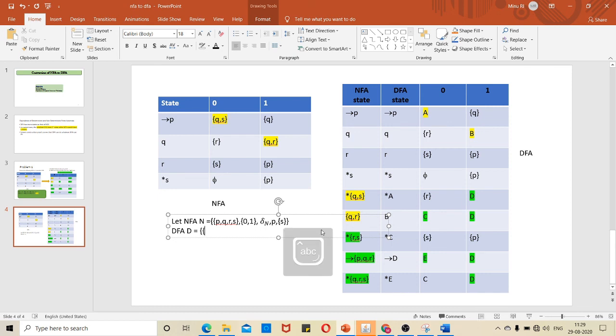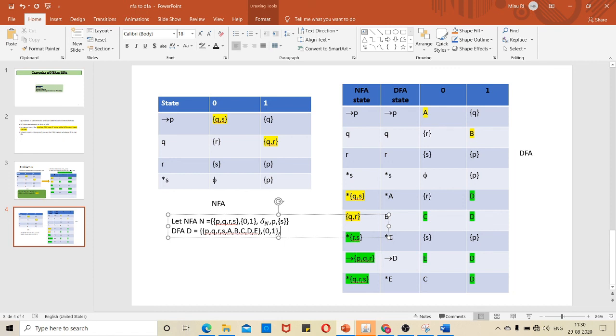I have P, Q, R, P, Q, R, S. Then again I have A, B, C, D, E. So these are my set of states. Then inputs are the same, 0, 1.